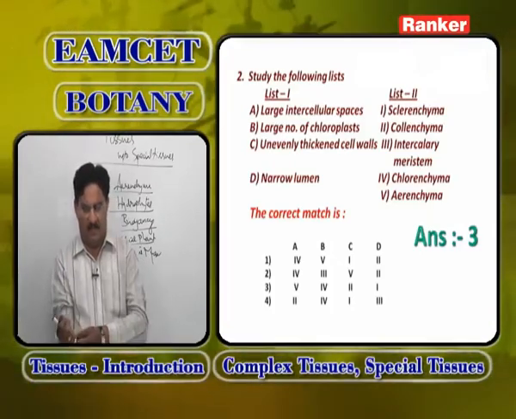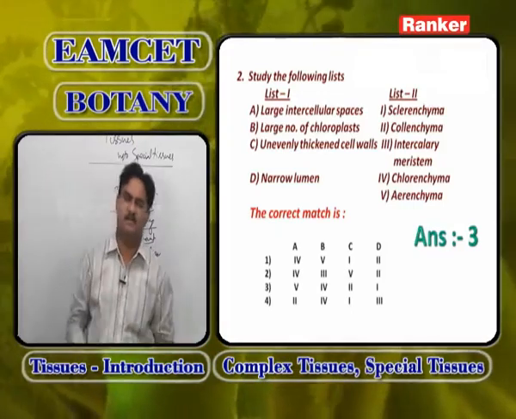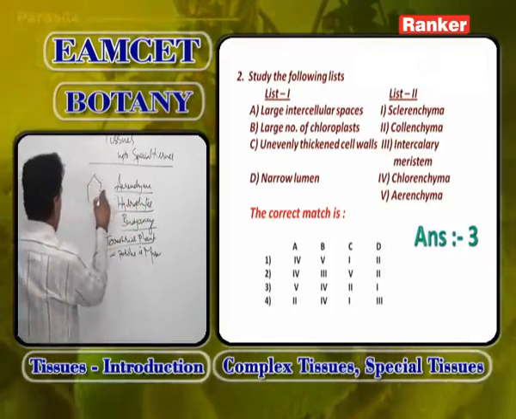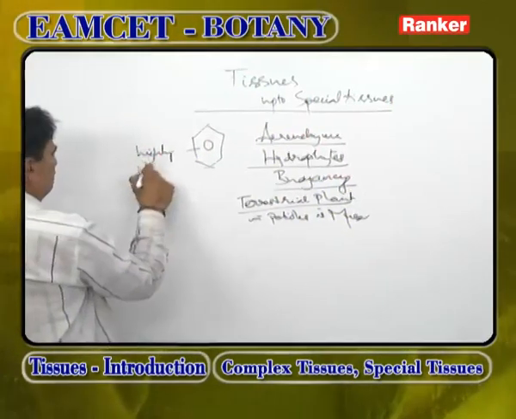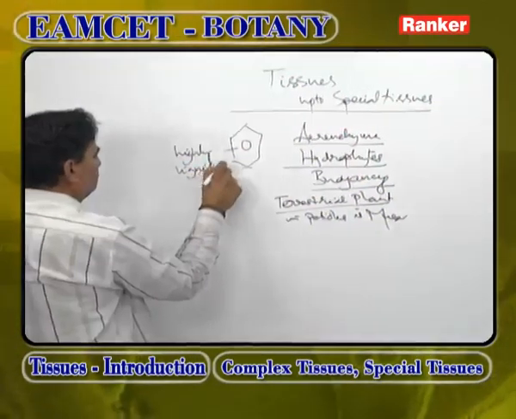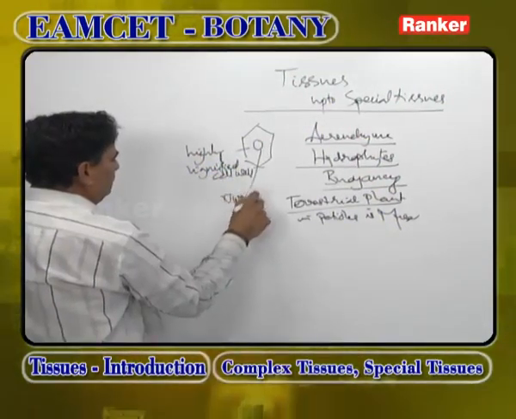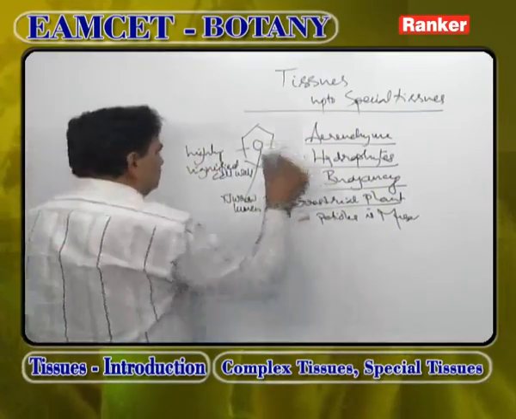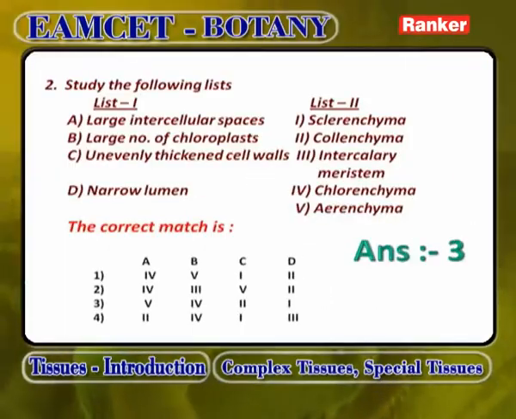Then narrow lumen is found in sclerenchyma, because any sclerenchyma tissue, if you observe it carefully, appears hexagonal with a highly lignified cell wall and a narrow lumen. So for this matching question, the answer is 3. Next.